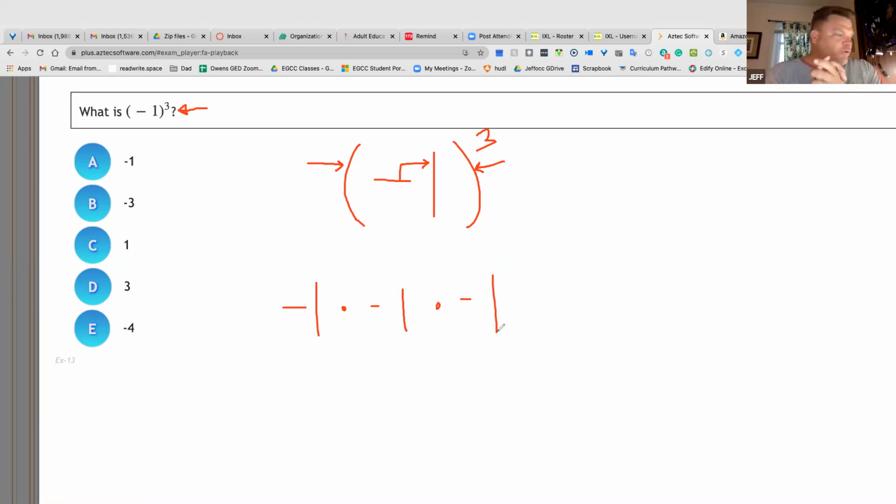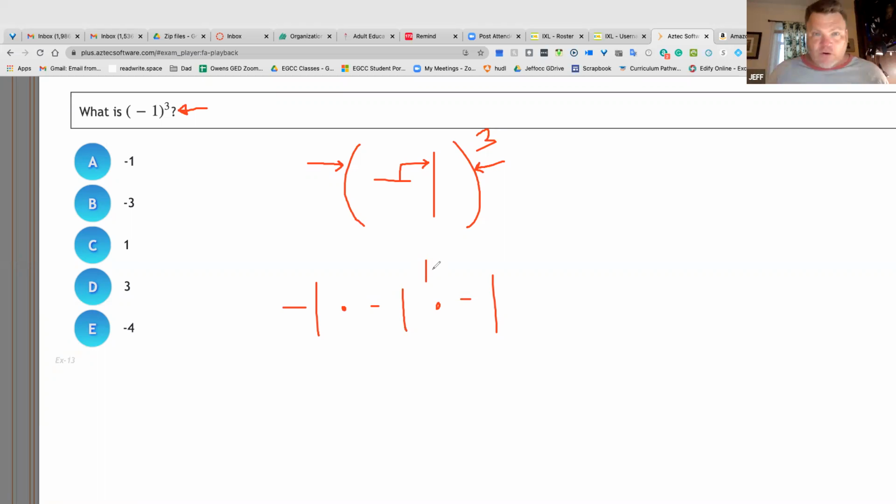Now, this is the kind of stuff we could type into the fancy calculator that they give us, especially since it's such a powerful calculator. -1 times -1 is 1, because a negative times a negative is a positive.